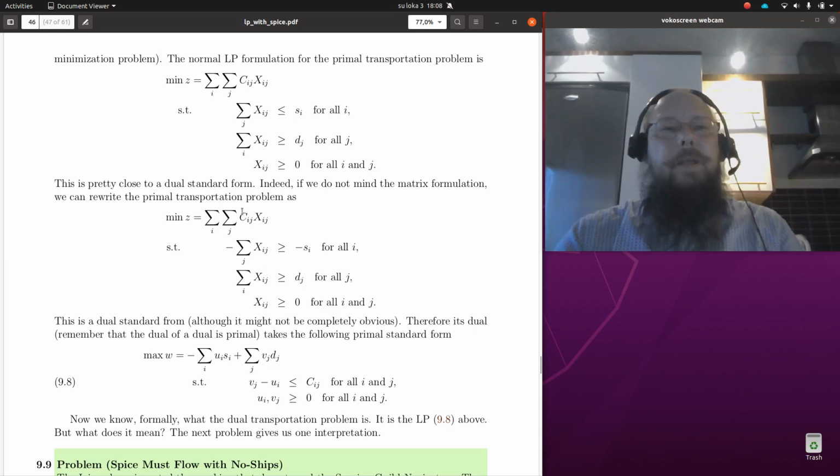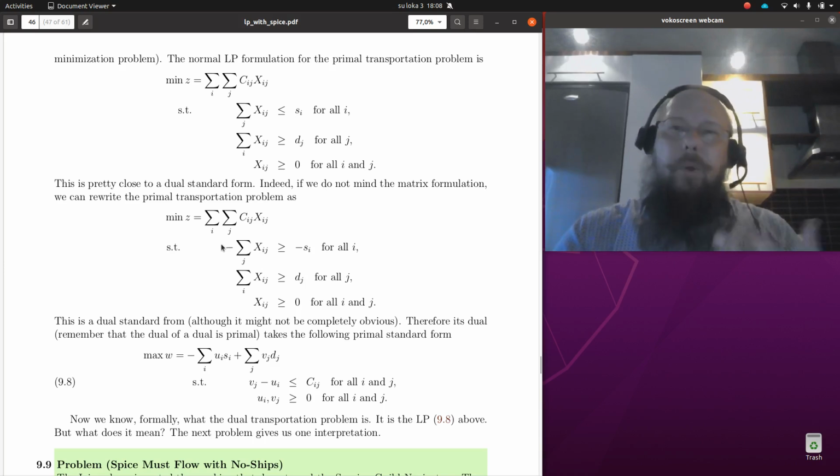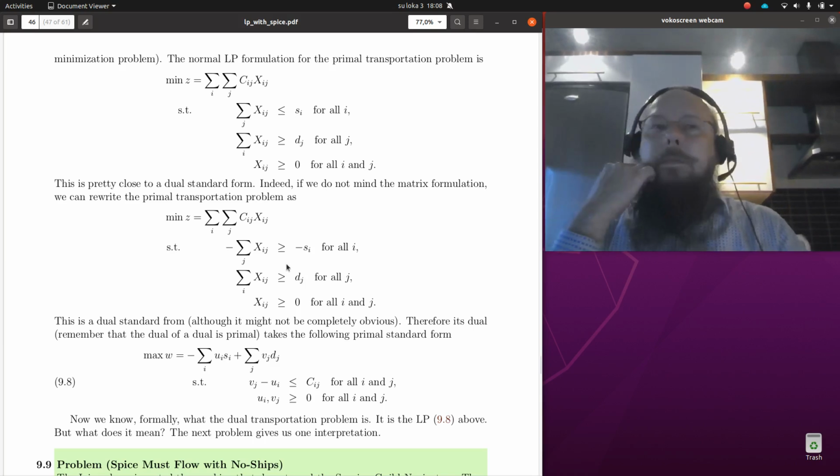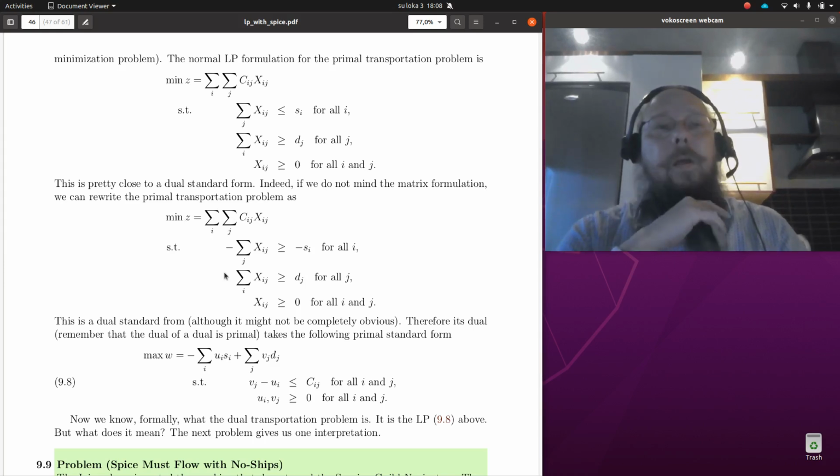So now this is actually a dual standard form. It doesn't look much like that because we have these x_ij's and not just vectors, so we have matrix notation there, but with the correct unfolding, if you like, this is the dual standard form. Now the dual of this dual standard form, again I repeat, is the primal.